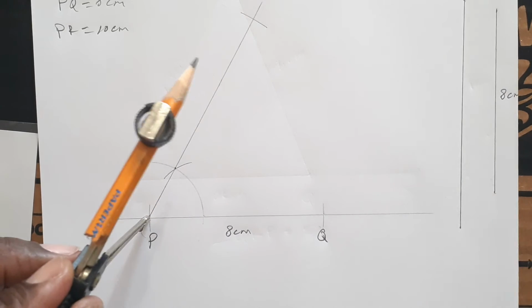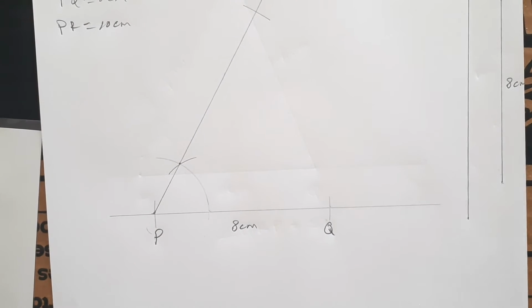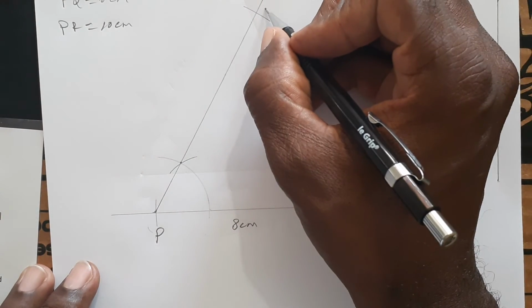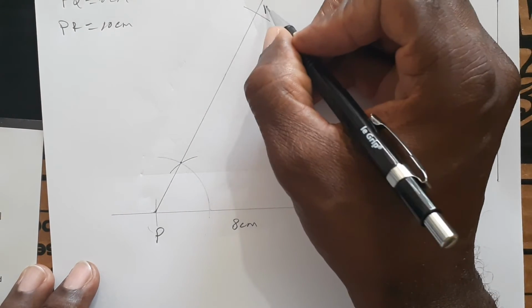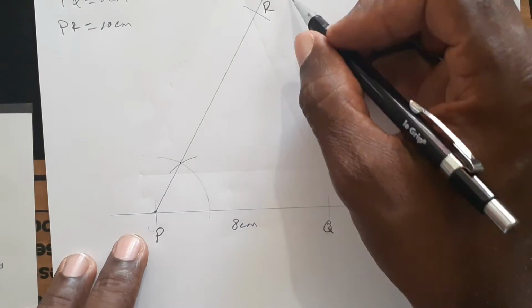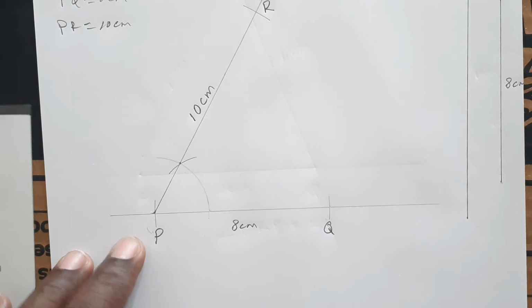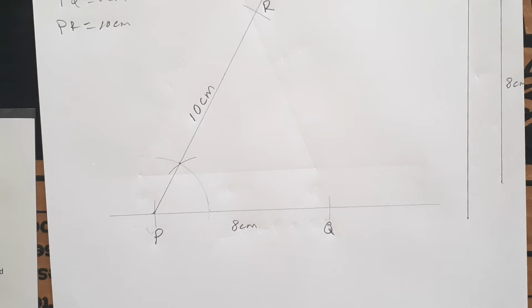Where the arc cuts the line, we'll name this point R. The length of PR is 10 centimeters. We must write that down because you'll get points for labeling. You must be able to label your diagram.